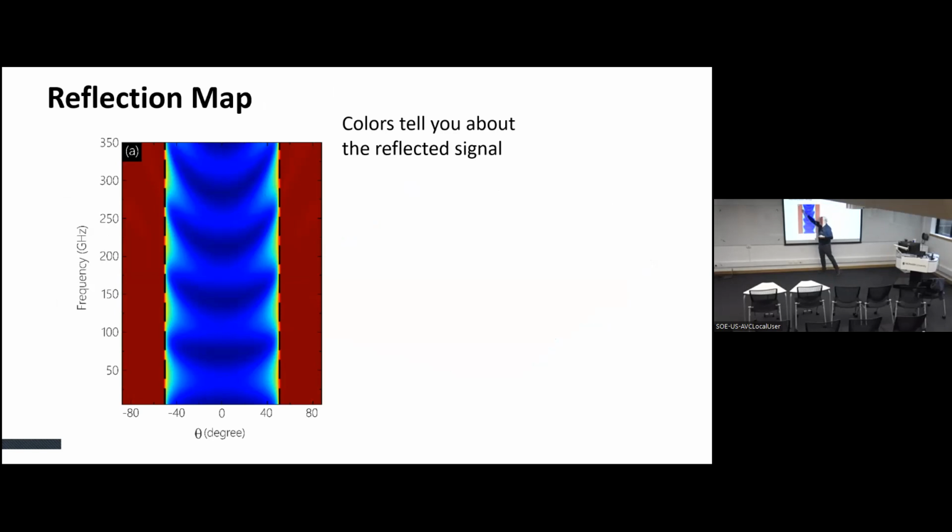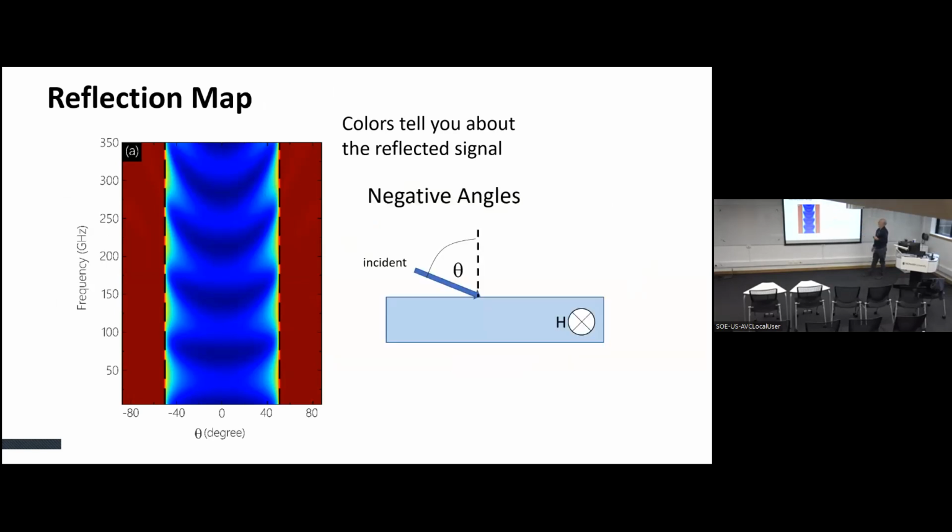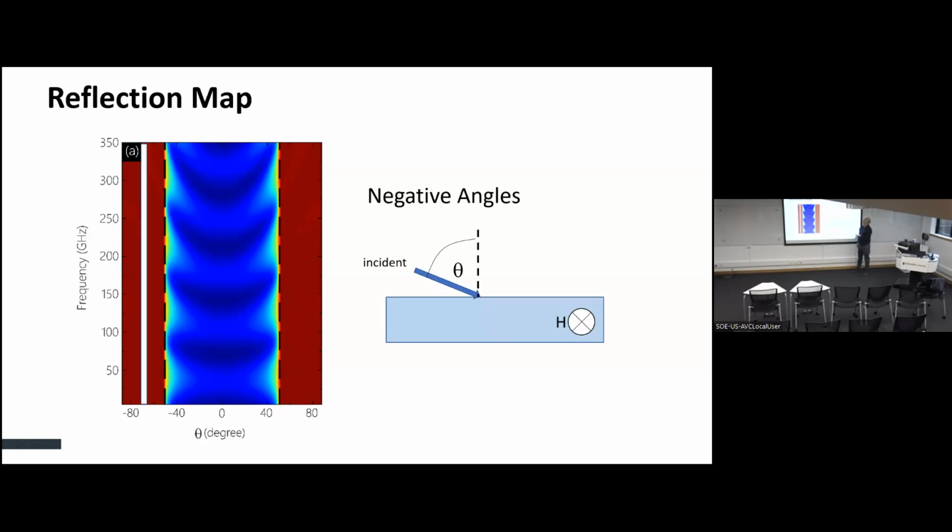And here I'm scanning over all the frequencies from 0 to 300, 350 gigahertz. So the colors tell you about the reflection, and the horizontal axis tells you where you are. At this incident angle, that's the scan you're doing, right over on that white line. That's where you are at all the different frequencies.